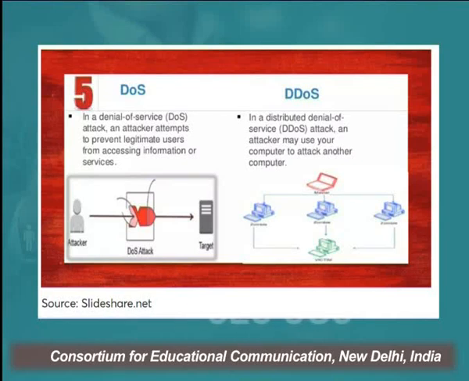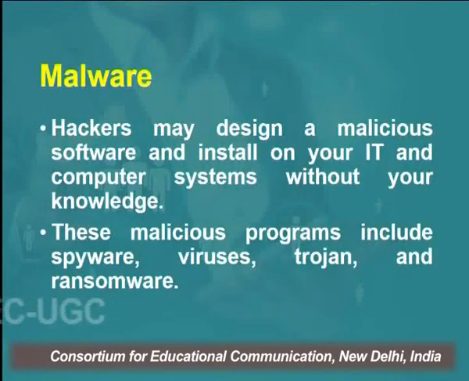So here your computer becomes both the victim of the attack as well as the perpetrator of the attack. So your computer is becoming both the victim as well as the agent of the cybercrime. In denial of service, your computer only becomes a victim. So the distributed denial of service attack is all the more harmful for your reputation and for your business.